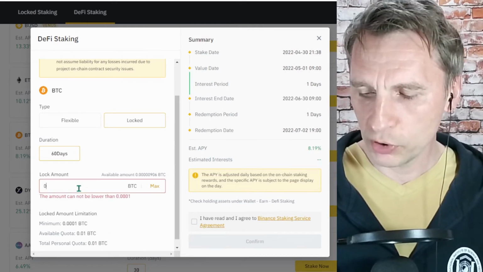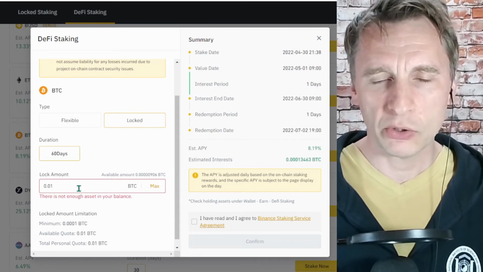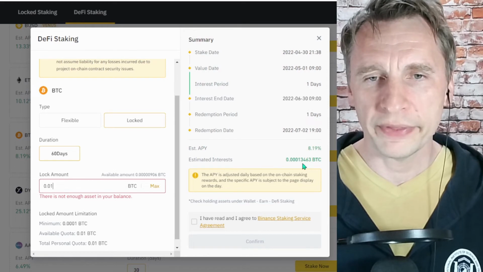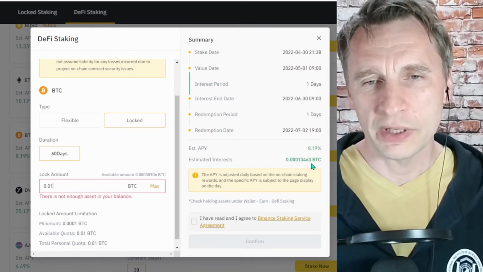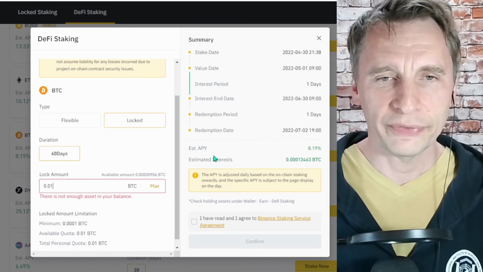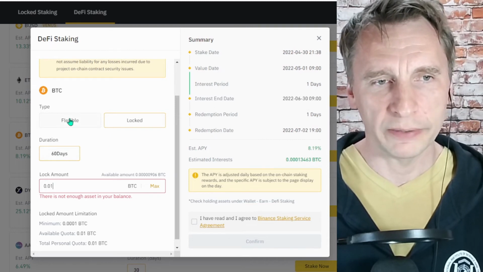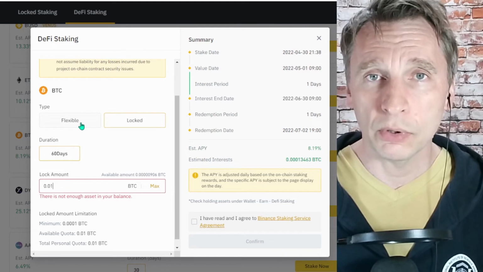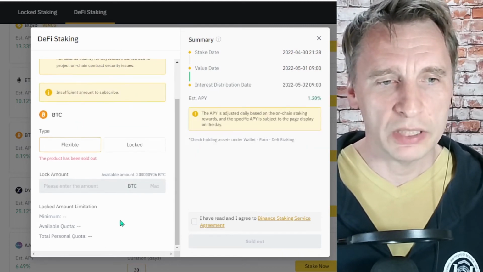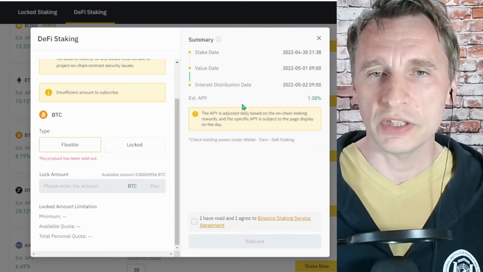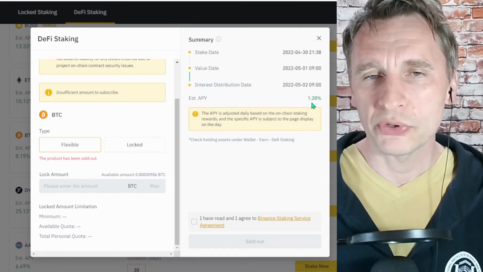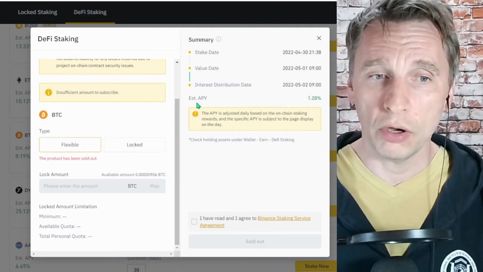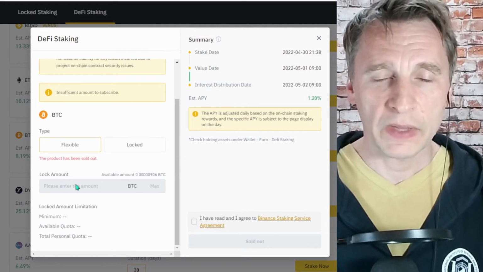So if I were to stake 0.01 Bitcoin, I would receive an interest of 0.0013463 Bitcoin after a 60-day period. The DeFi staking also gives you a flexible option, which means that I would receive a return of 1.2% annually, but I could withdraw my staking after a day.